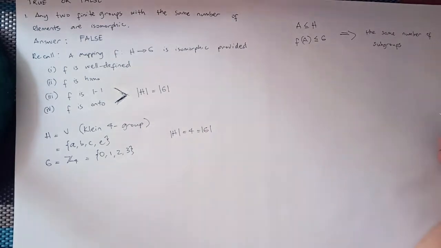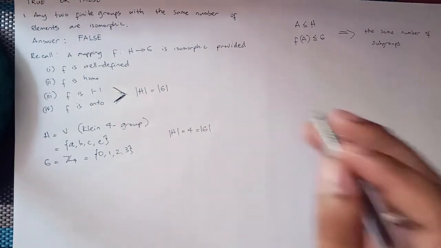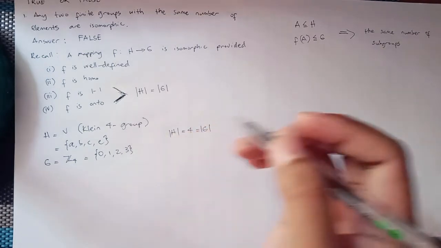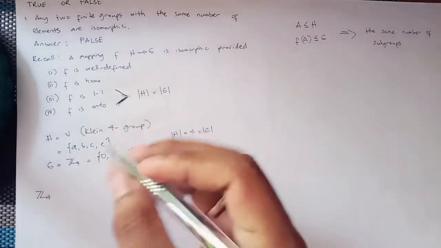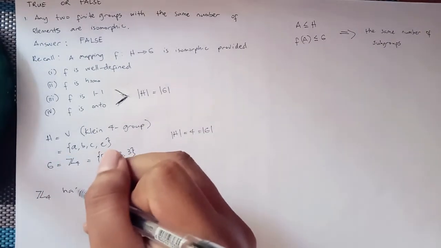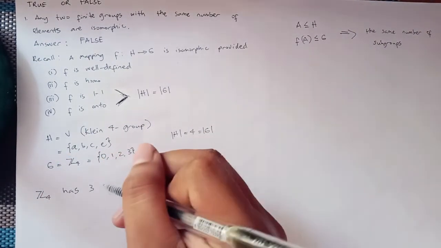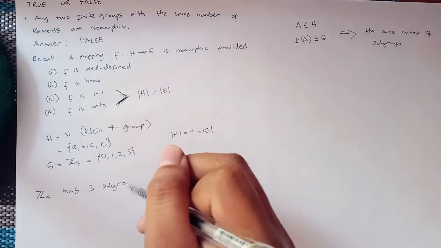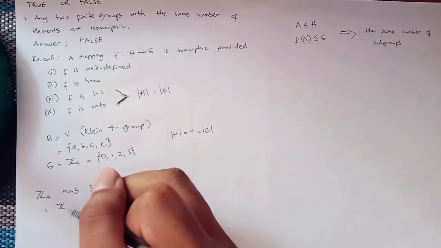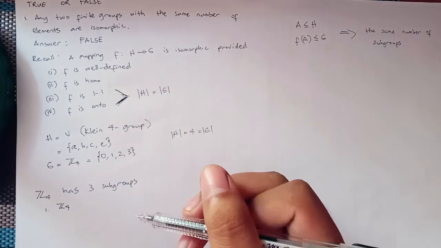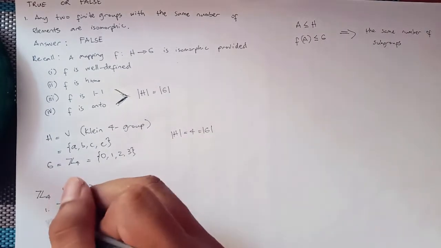So we can observe, or you can verify, that Z4 has three subgroups. Namely, number 1, Z4 itself. Z4 is a subgroup of itself.